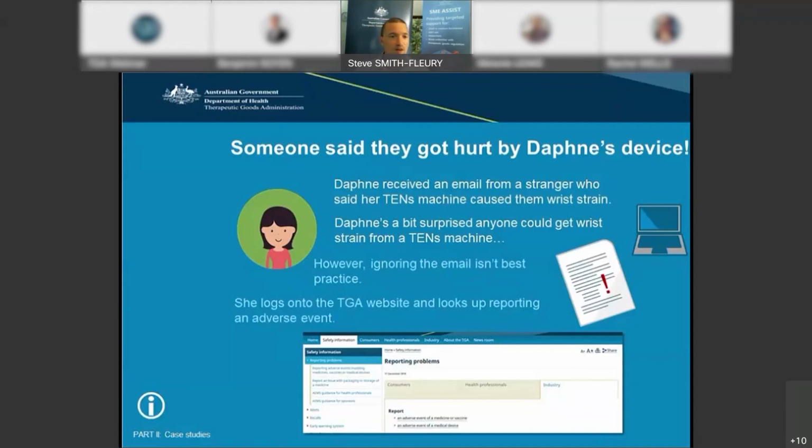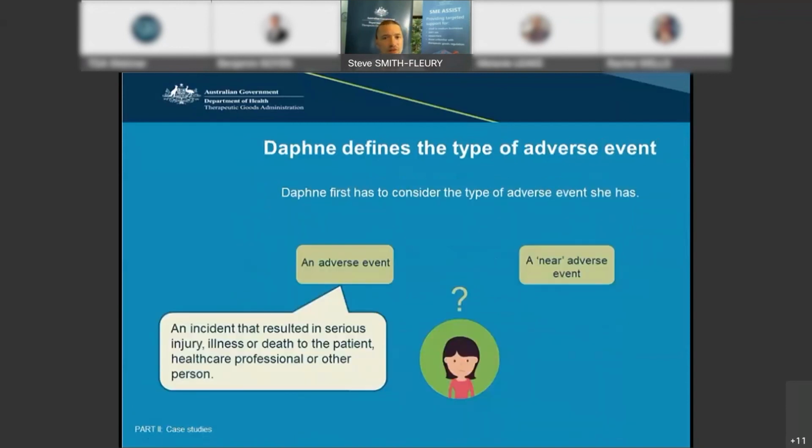She goes to the TGA website and finds more information on adverse event reporting for medical devices. Her first step is to consider what type of event she's dealing with, as medical devices have both adverse events and near adverse events, as we discussed earlier. So these can be associated with, caused by, or partially attributed to the use or misuse of a device.